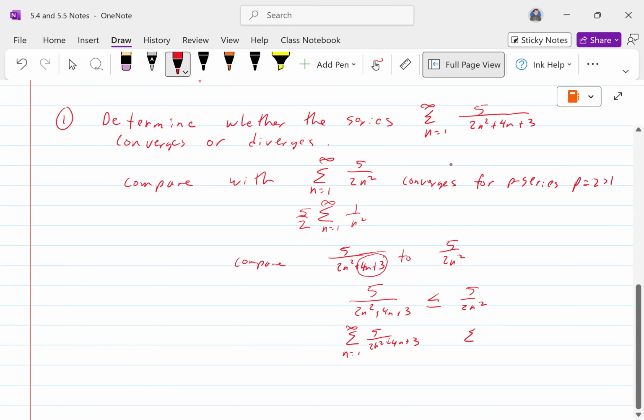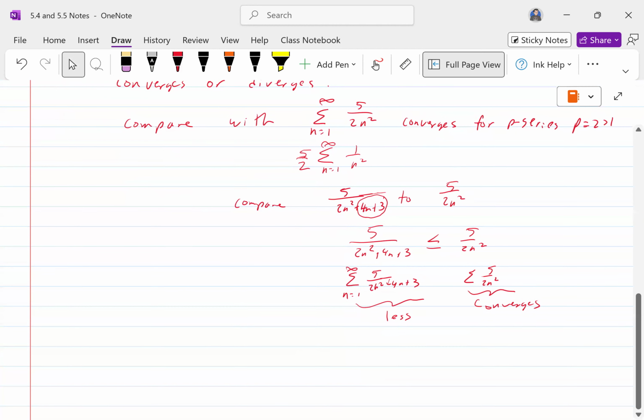This thing, 5 over 2n squared, converges. Since the terms are always less than a known convergent series, it will converge by the comparison test.